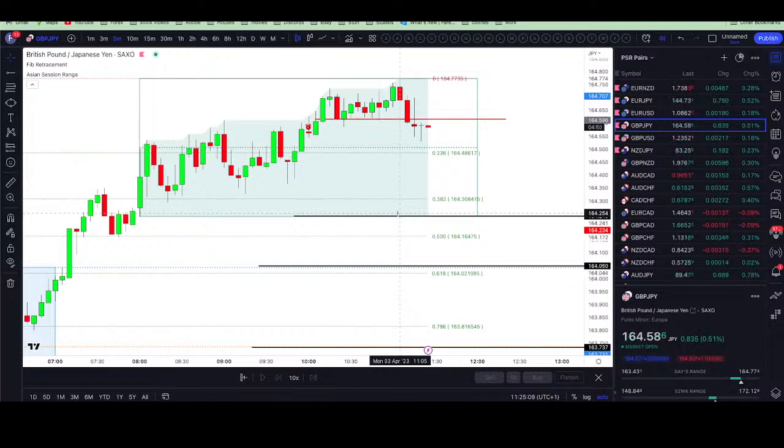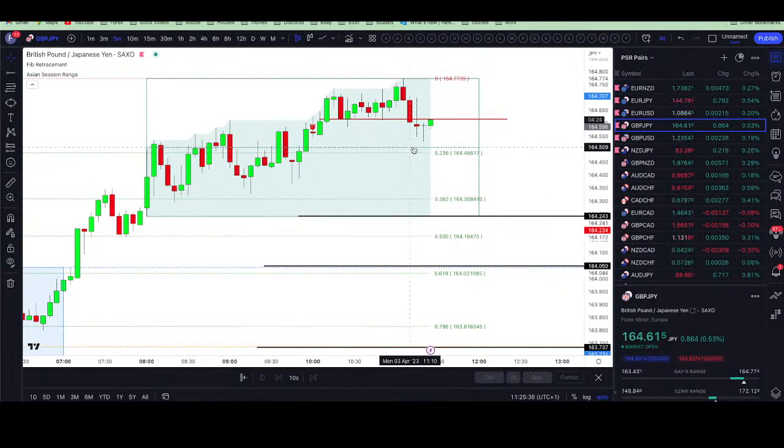So right now they're holding the London mid-range on EJ and GJ. They're just not trying to close below it. We need to see a closure below there for us to have a stronger confluence that they're going to be selling price. So far we're just seeing rejections from those levels.